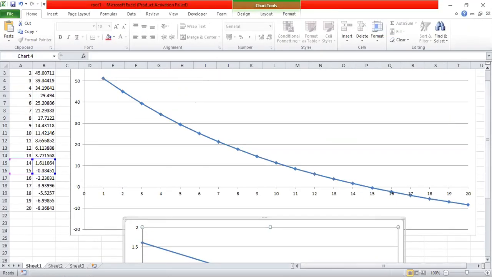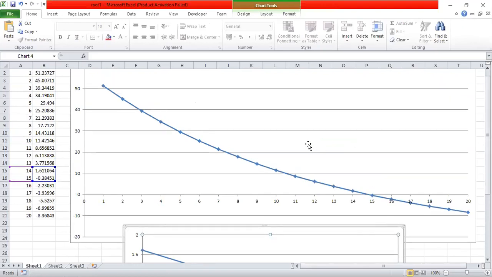So what the bisection method does is that you're going to be given two guesses. It builds on the fact that the root occurs when there's a change in sign of the function, from positive to negative. This is the positive side of the function, and this is the negative side of the function. We know that the root occurs at the point where the line touches the x-axis.